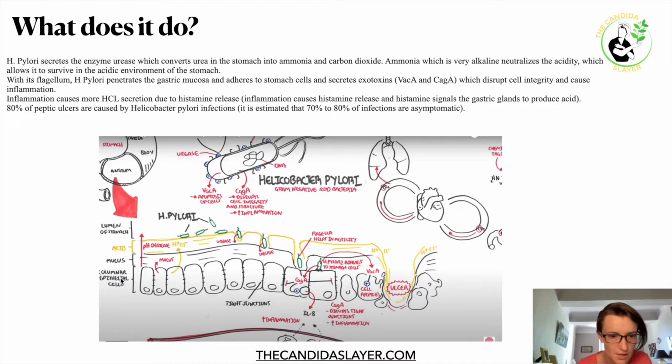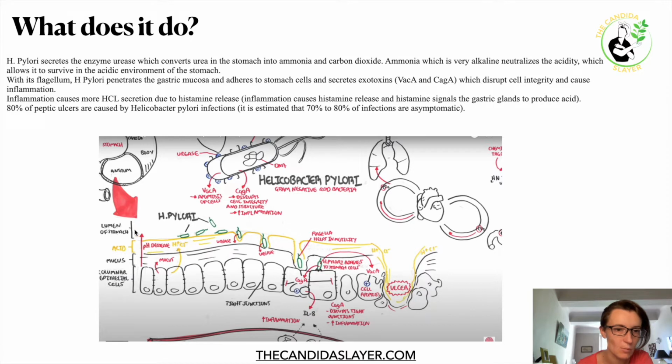You can see the epithelial cells of the stomach. Above it you have a layer of mucus that protects the epithelial cells from the acid, this layer here in yellow. We have acid in our stomach to allow us to digest what we eat.